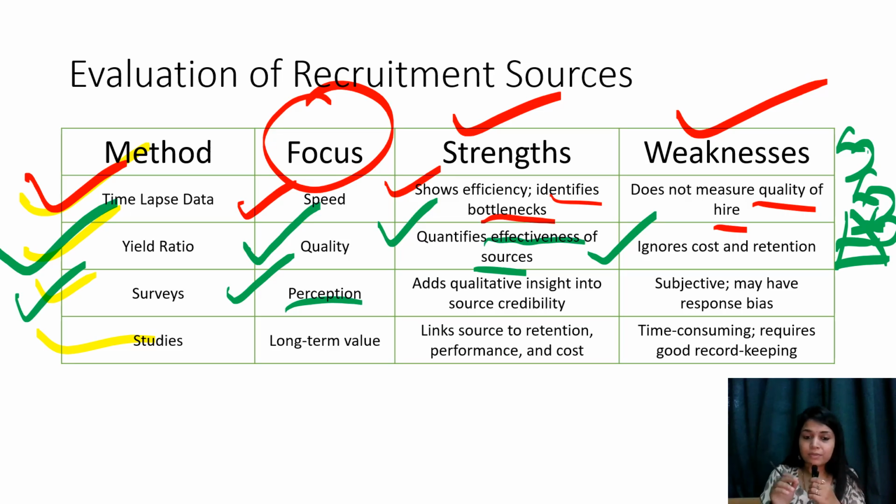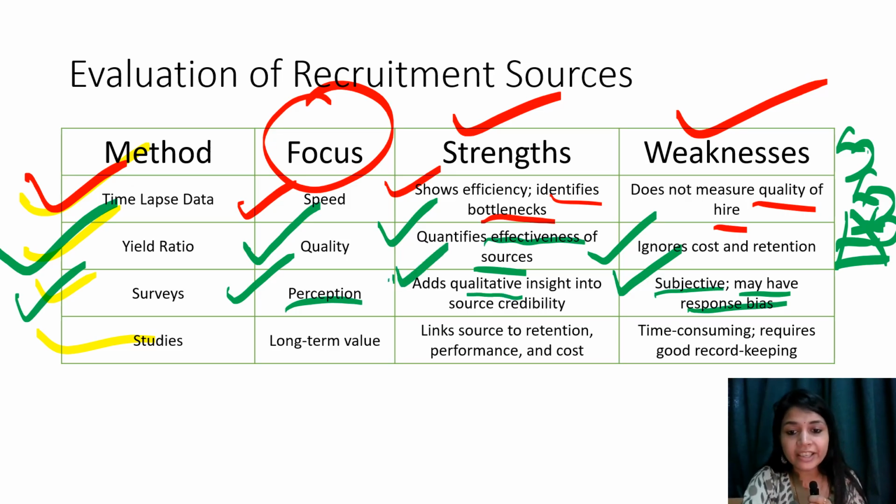Perception is highly subjective in nature. Because of that, the weakness of surveys is that they are highly subjective and may have response bias. But the strengths are also there. It adds qualitative insight into the source credibility. The basic intricacies are brought to light because of the surveys only.